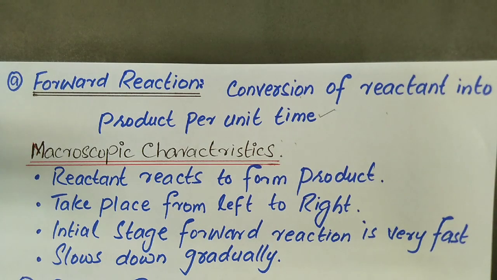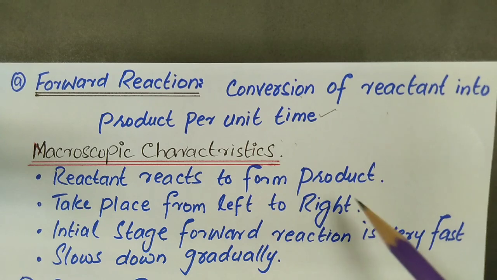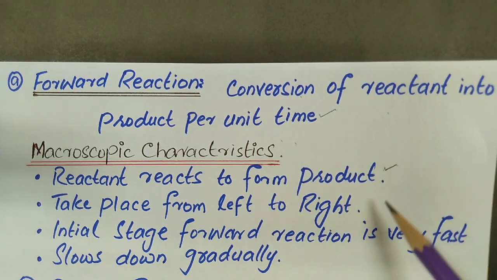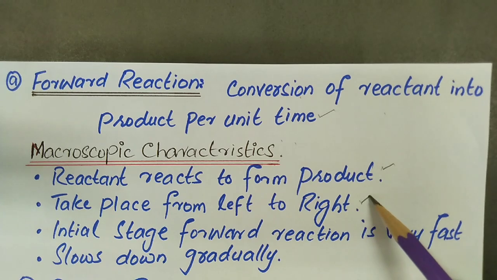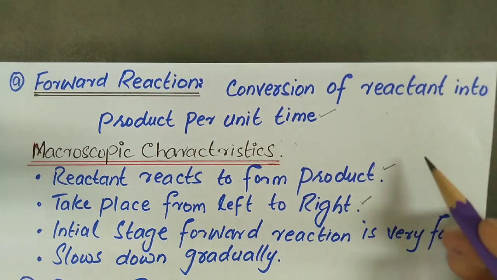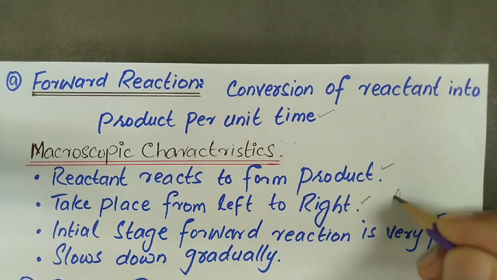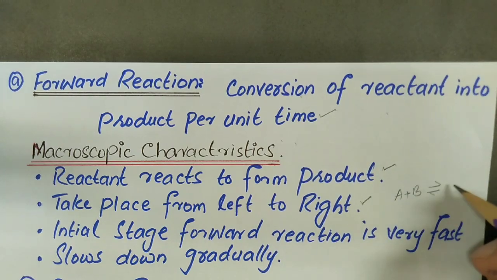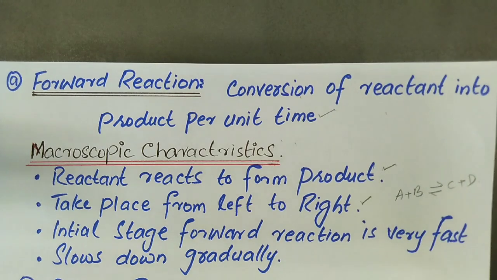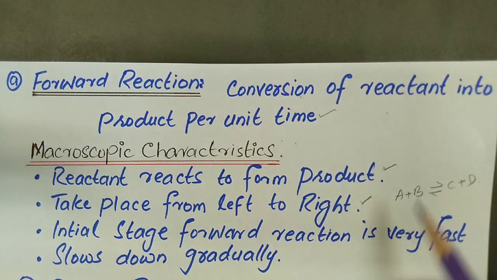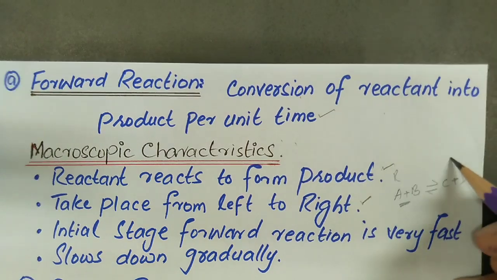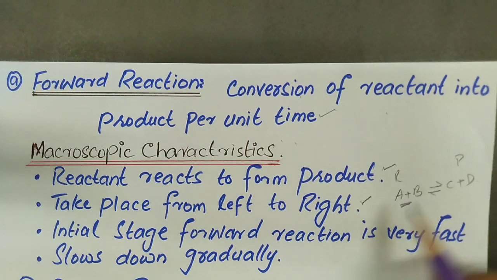The main characteristics of forward reactions are that in this reaction, the reactant converts to the product. They take place from left to right. They are usually represented from left to right. For example, A plus B converts to C plus D. So, as you can see, A plus B is the reactant and C plus D is the product.